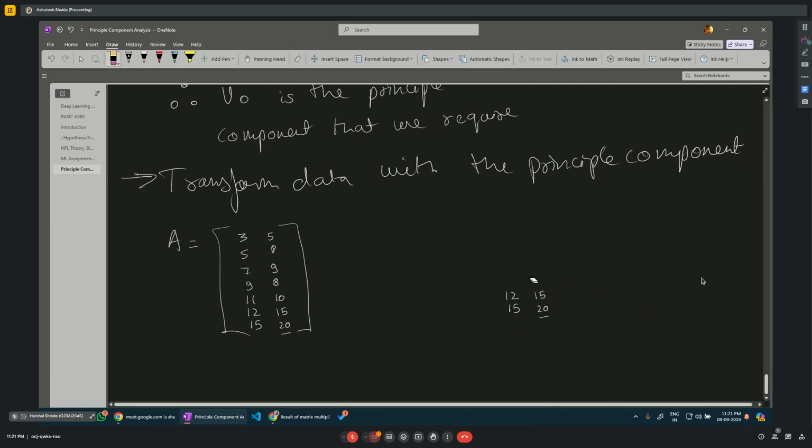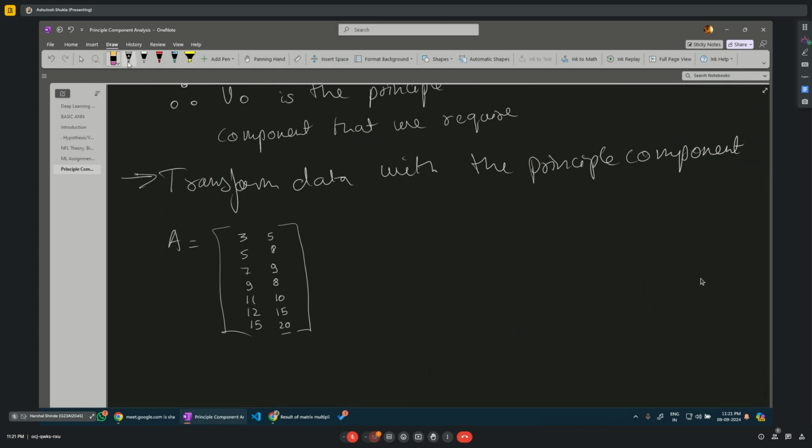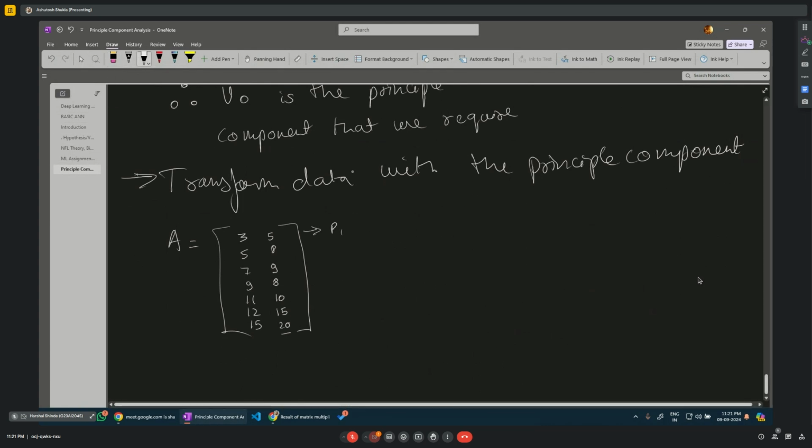What you are supposed to do is pick up each point. So for example, this is point 1, this is point 2, this is point 3, this is point 4, this is point 5, this is point 6, and this is point 7. Basically, you take one point.